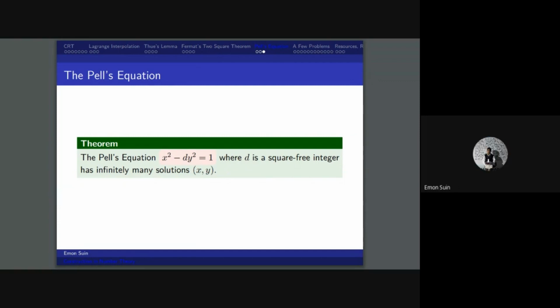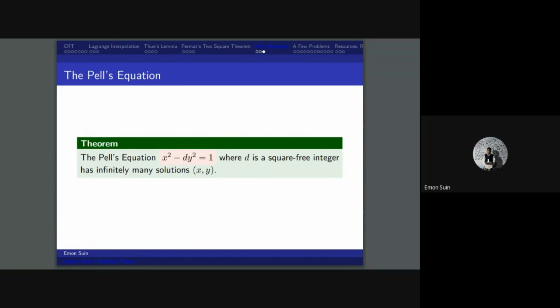Square free integer does not necessarily mean that it will be a perfect square. A square free integer d is one that cannot be written as a times k square. That means in the prime factorization of d, we can't have any perfect square.